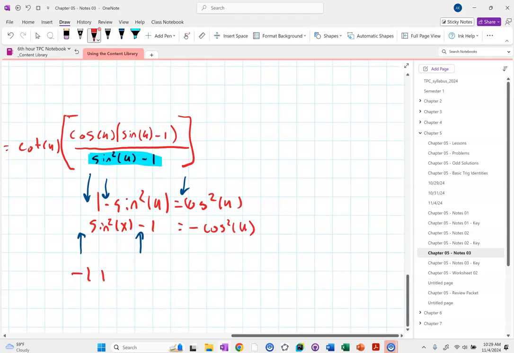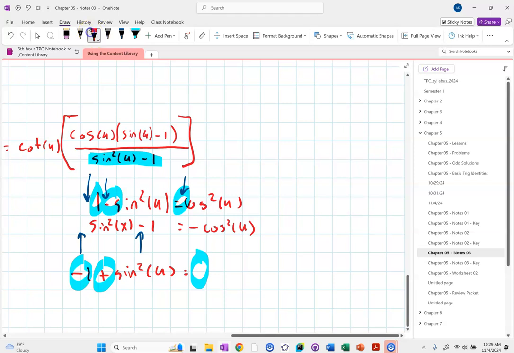Right? If I think about it as this instead, positive, negative, negative, positive. Positive should be negative. You see that?